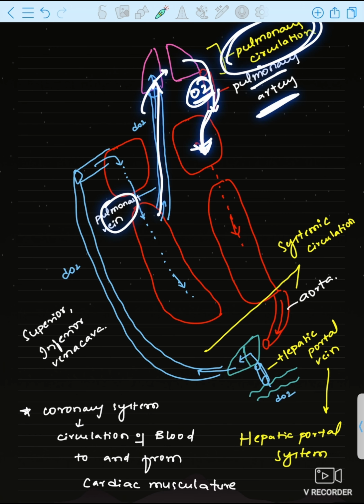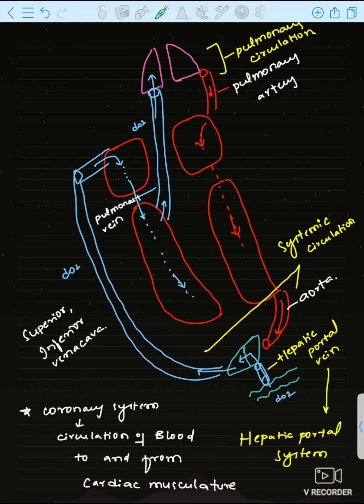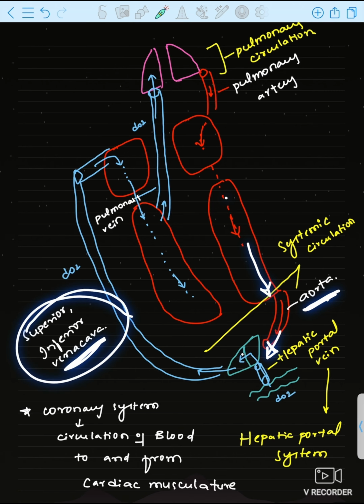This is called pulmonary circulation, going and coming back to the heart. Okay, now this oxygenated blood will go into the ventricle, to the aorta, and then to the organs. From organs, deoxygenated blood goes to superior and inferior vena cava into the atrium. This is called systemic circulation.